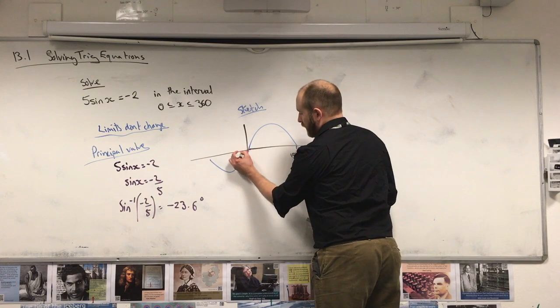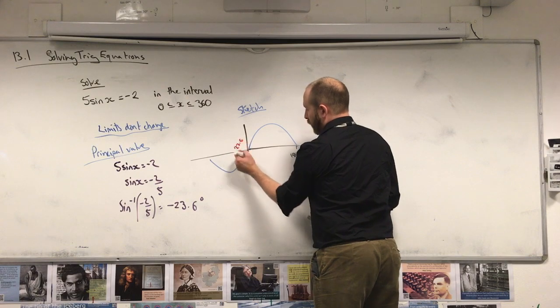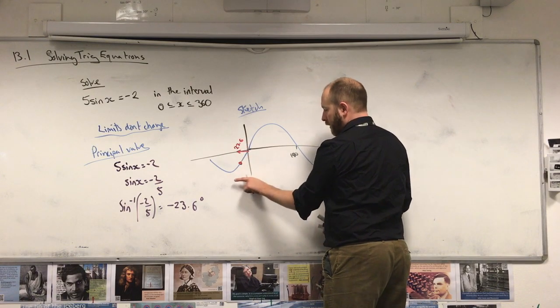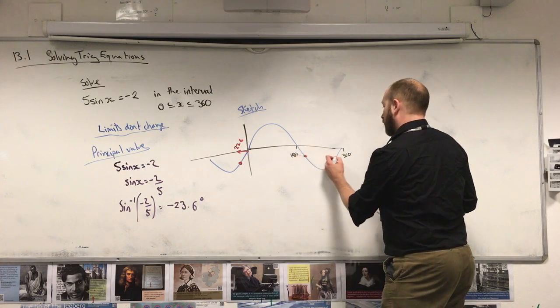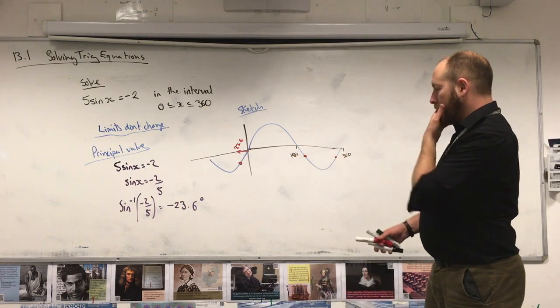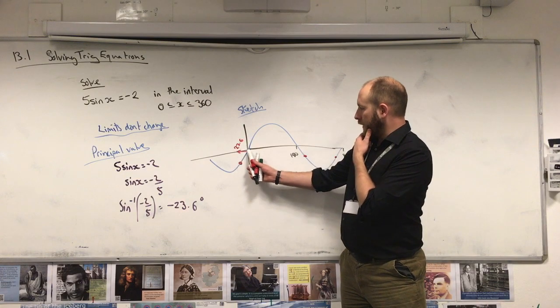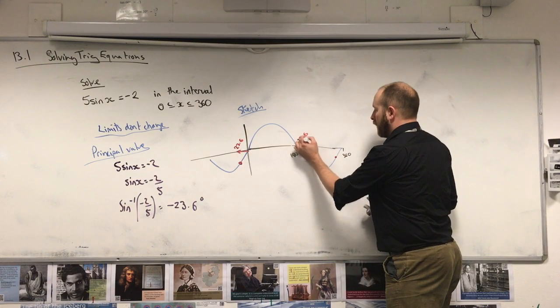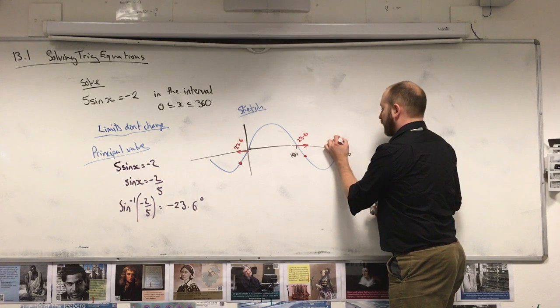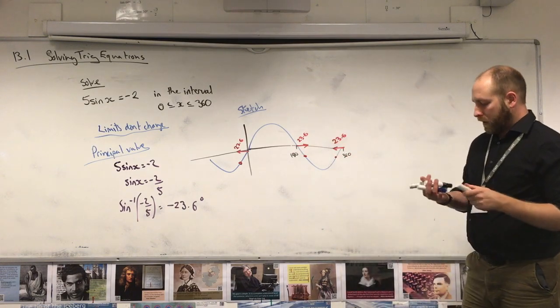So that value is 23.6 away from 0 in the negative direction. So we're going to get two equivalent values here and here, and they're both 23.6 degrees away from where we cross. So this is going to be 23.6 that way, and this is going to be 23.6 that way.